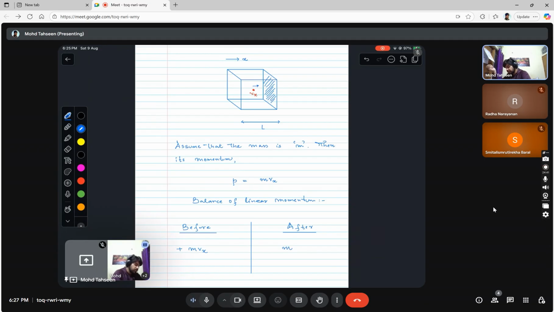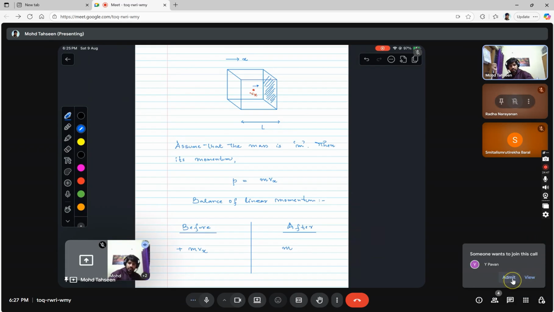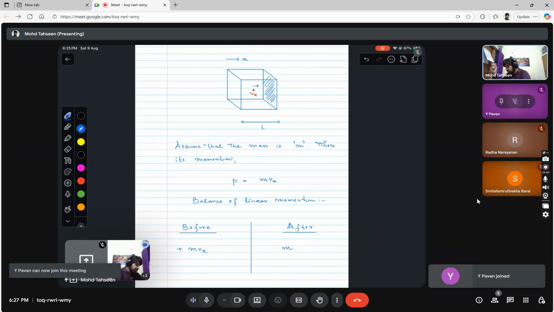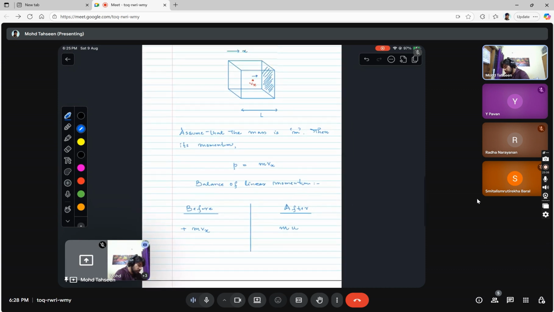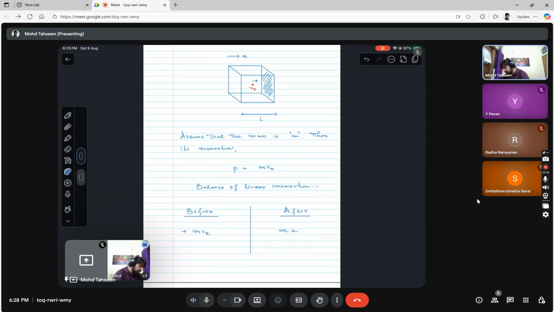If we assume that the velocity of this particle after the collision with the wall is u, then this is all the momentum that's going to be there after the collision.